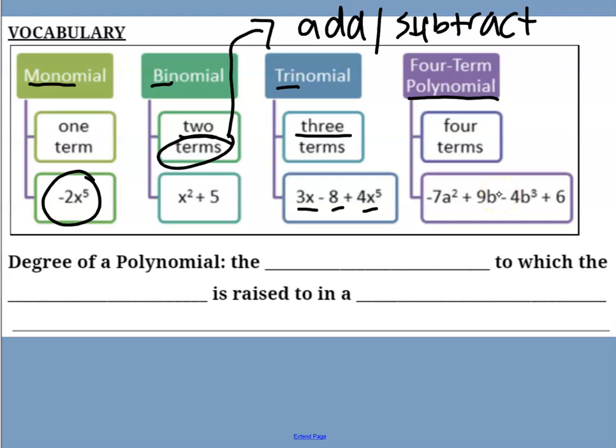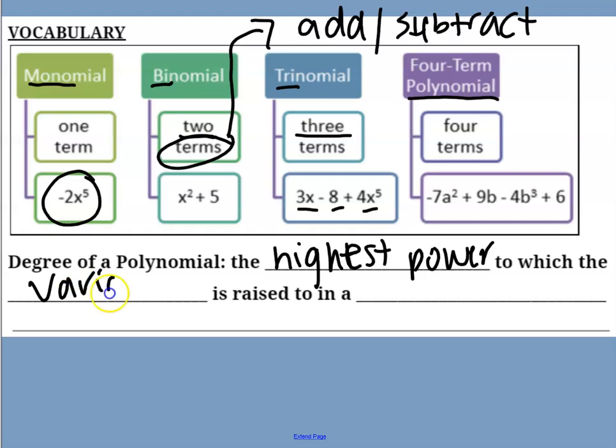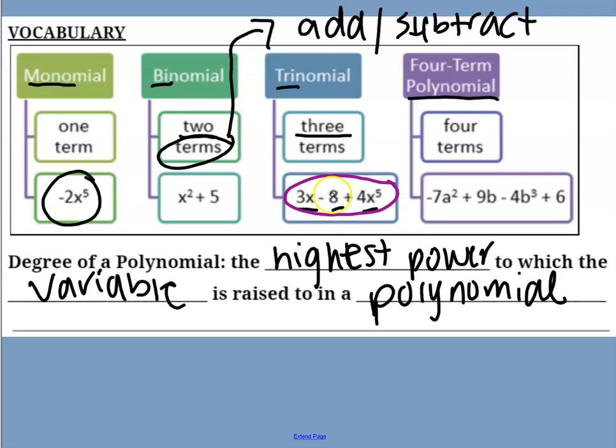So the degree of a polynomial is the highest power to which the variable is raised to in a polynomial. So if we look at our trinomial, we have two variables.